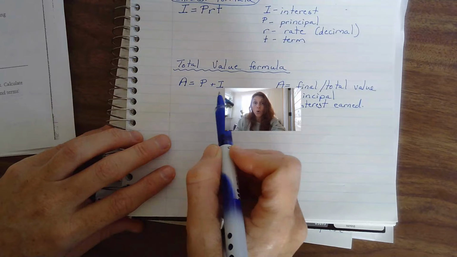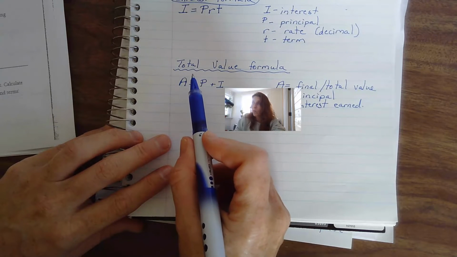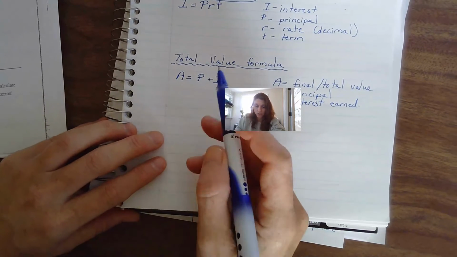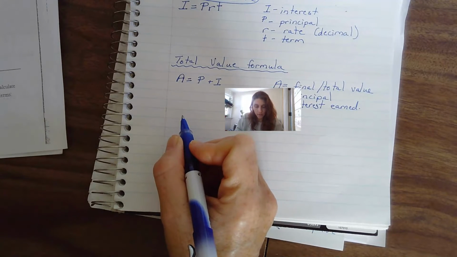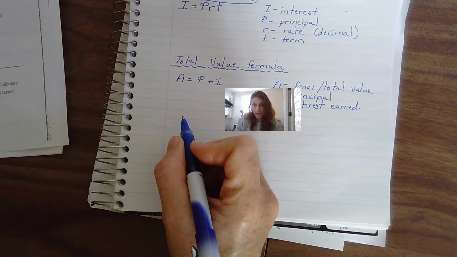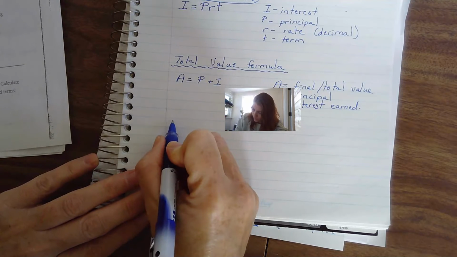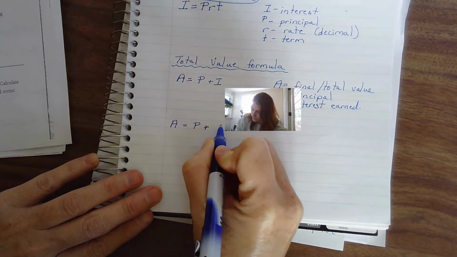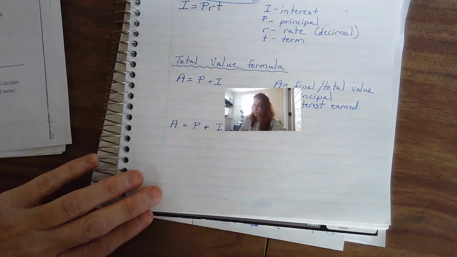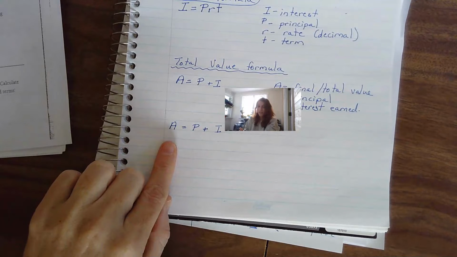So we're finding the total value. What is it worth? Its value. So to do something like this, example 1A in your book, A equals P plus I is one way you could find the total.